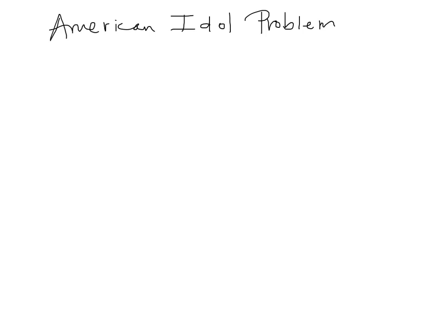Okay, so on the handout, the American Idol contestant problem says you have 4 final contestants who are to perform on one night. The judges decide to randomly choose the order of their performance. In how many different ways can we order the 4 contestants?